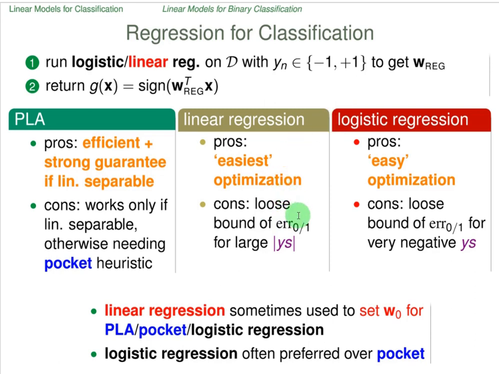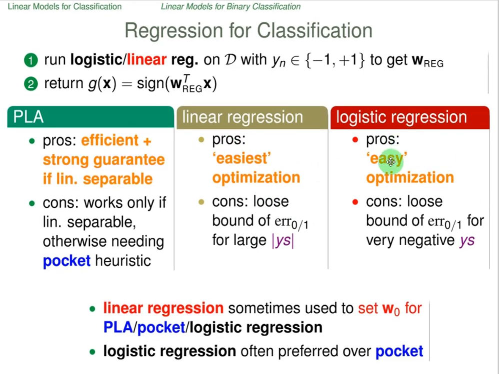However, the con is that linear regression provides a loose bound of 0-1 error function when we have large classification correctness score, right? And if you want to use it for classification, you need to keep that in mind. Third, logistic regression provides easy optimization as well, with a good convex in sample error function, okay, which has a global minimum and only one minimum. The cross entropy function, however, has a con: it is also a loose bound of 0-1 error function for very negative y classification correctness score.